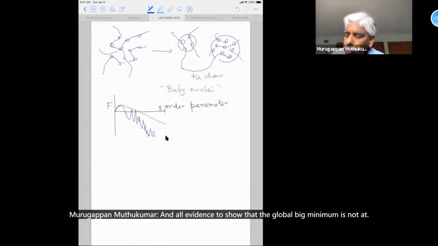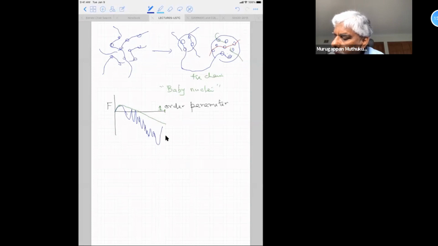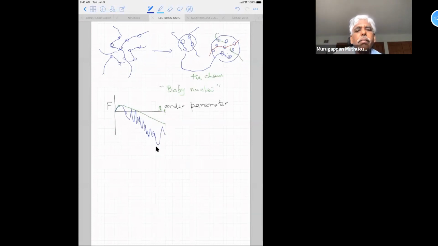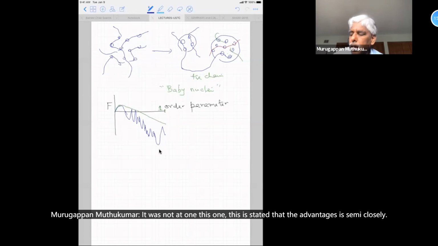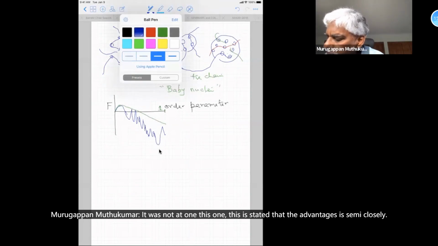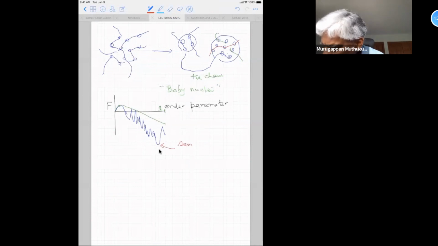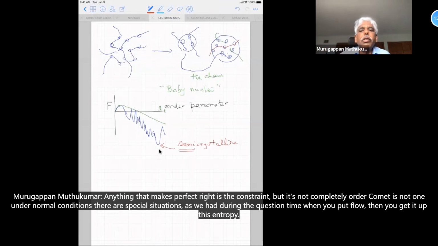And all evidence shows that the global energy minimum is not at one, but at some finite state. If it's not at one, the state that emerges is semi-crystalline. We say semi-crystalline, right? It's crystalline, but the order parameter is not one under normal conditions.